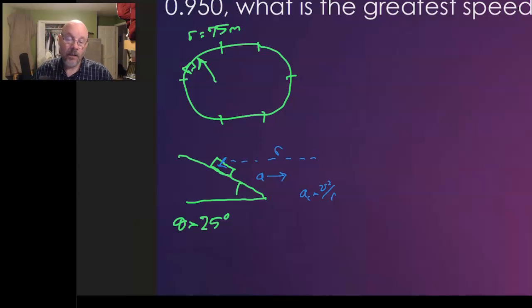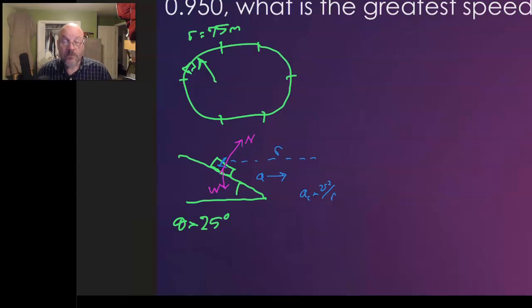Now let's look at what forces are acting on this thing. Obviously there's going to be some weight here, just like this, and a normal force from the track, just like that.